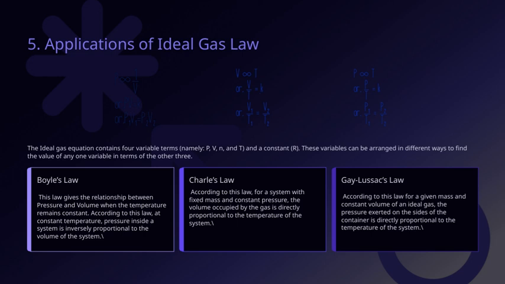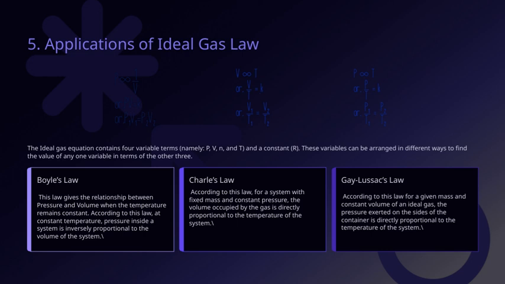This means that heating the gas causes it to expand, while cooling it causes it to contract, as long as pressure doesn't change. Then we have Boyle's law, which explains the relationship between pressure and volume when temperature is held steady. In this case, pressure and volume are inversely proportional. If you increase the volume, the pressure drops, and if you decrease the volume, the pressure rises.